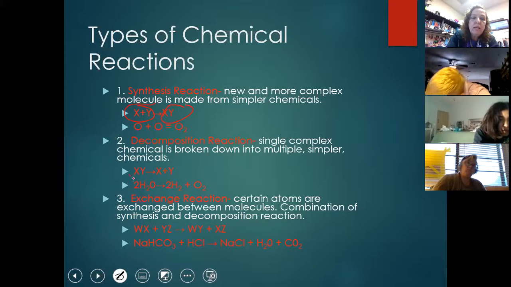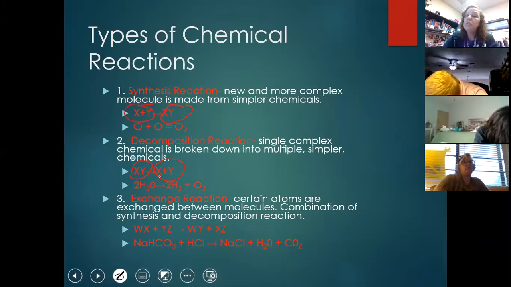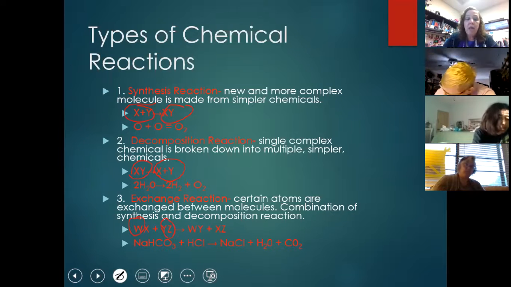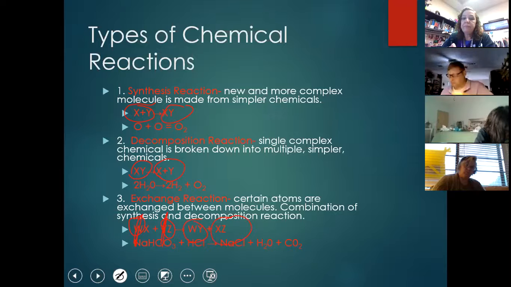Decomposition, we just go the other way. Here we have our cake XY, and we are breaking it down into its ingredients. And then our exchange is just that. Here I've got two products, WX and YZ. What I'm going to do is break apart both of these and swap them. So now I have WY and XZ.